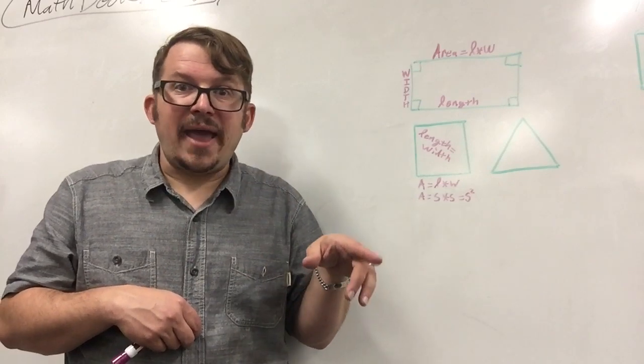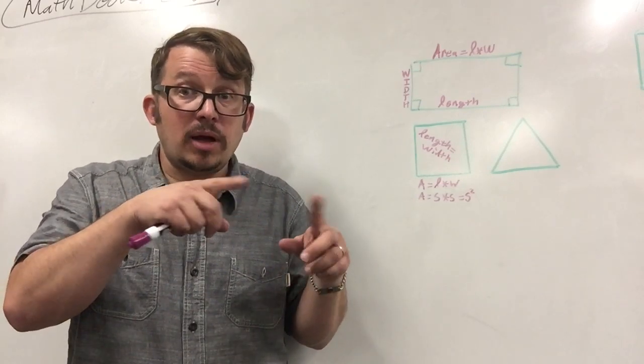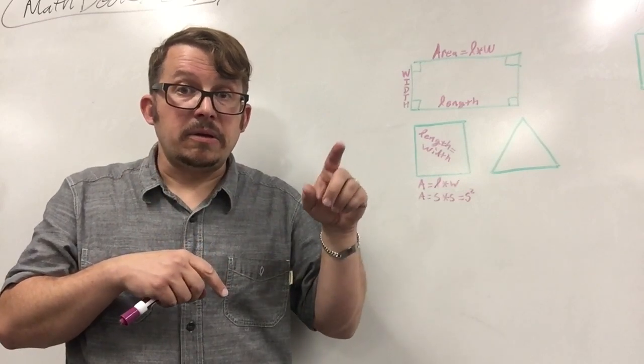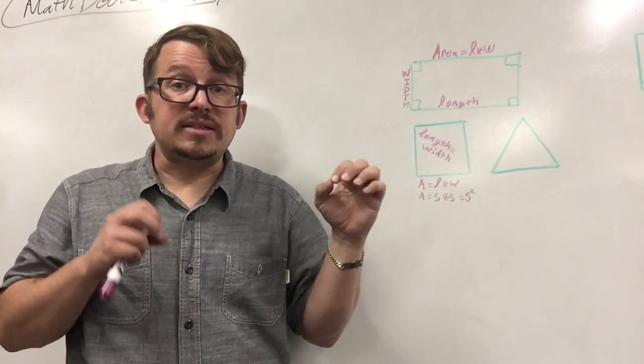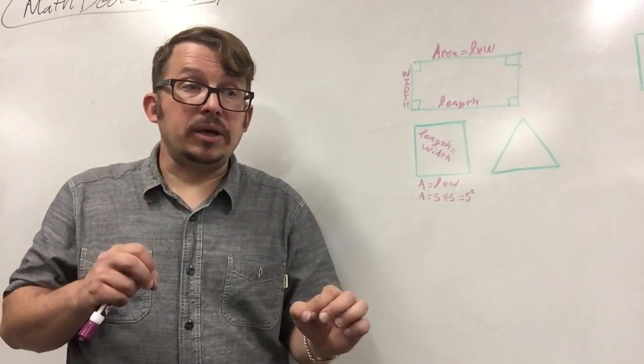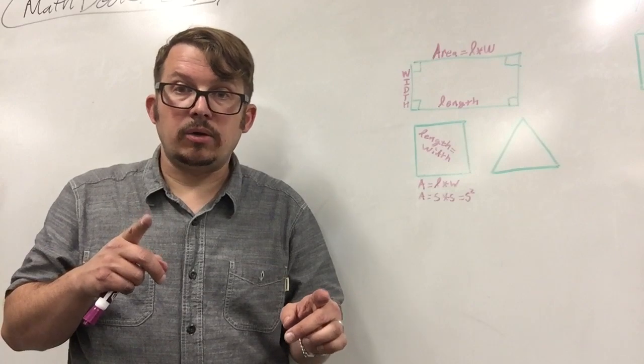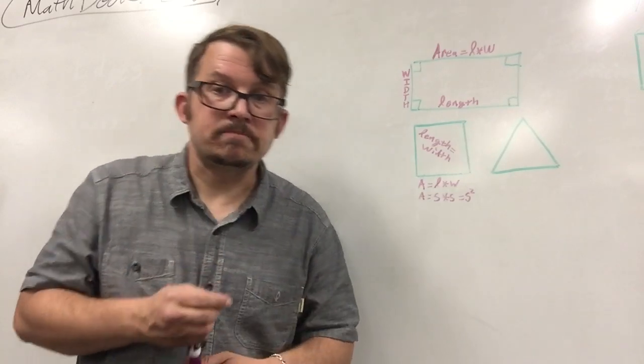That's why they call the exponent where you multiply something times itself squared. The little a equals s squared. That's such a hint. Area equals side squared, because they're the same size.